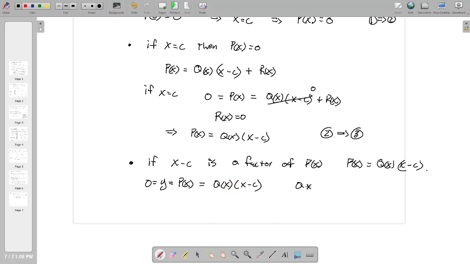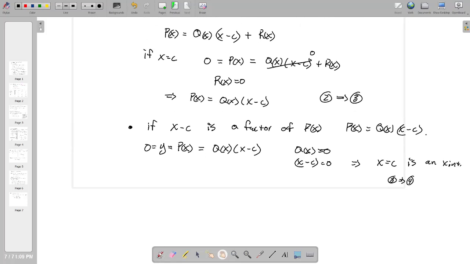So either q of x is equal to 0 or x minus c is equal to 0, which implies that x minus c, or x equals c, is an x-intercept. Because the point c, 0 is on the curve. This would be 3 implies 4.